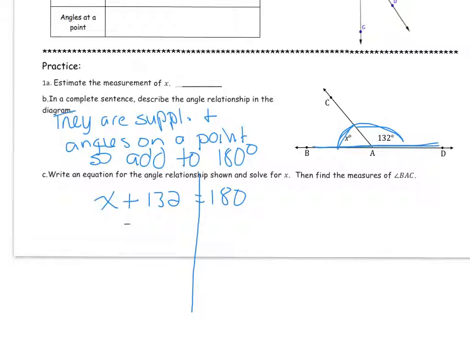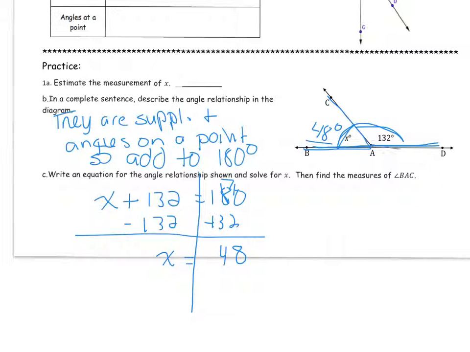It's plus 132, so we're going to subtract 132. So X is going to be 48. So angle CAB is 48 degrees, because 48 plus 132 equals our straight line of 180.